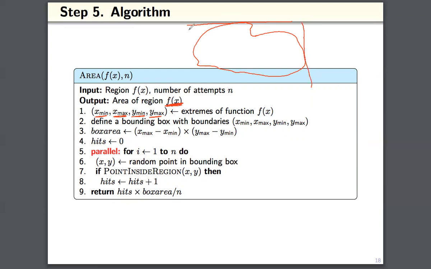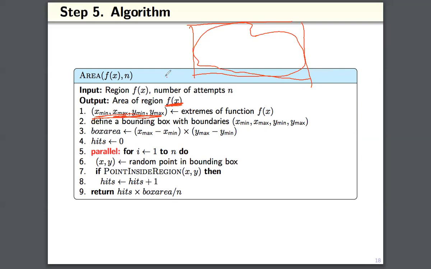Bounding rectangle. And you can always find this easily, x min, x max, y min, y max of the functions. Extremes of this function.